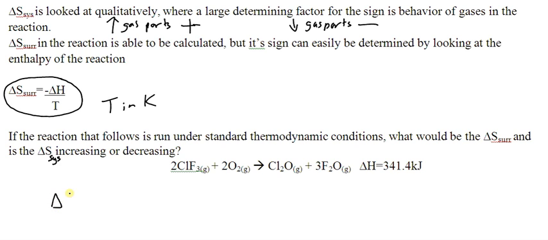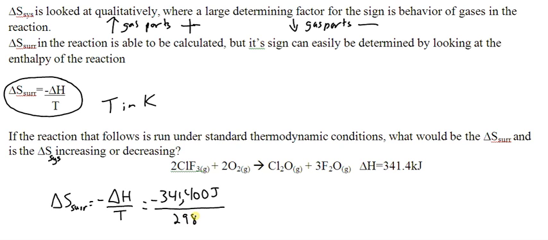So delta S surroundings is equal to opposite delta H over T, which means that we are looking at opposite 341.4, and that's kilojoules. So if we're going to make this work out, we probably should convert this to joules, and then divide it by, in this case, 298.